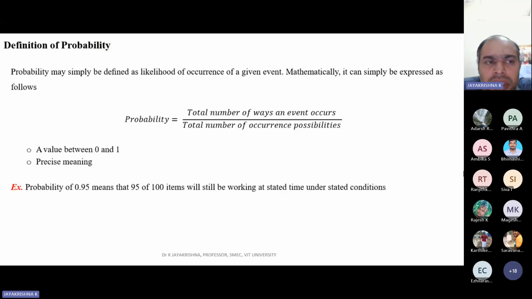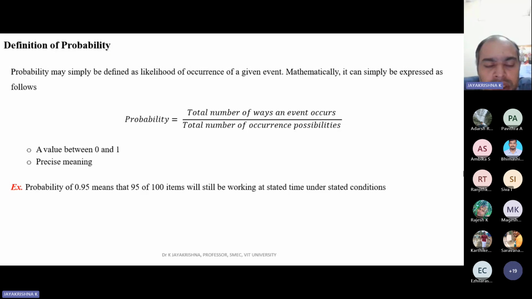We call it probability. So in mathematical expression, we express probability as the total number of ways an event can occur divided by the total number of occurrence possibilities. So like how many number of times the event will occur, and in that occurrence, what is the chance of failure or success. That is what we call probability.